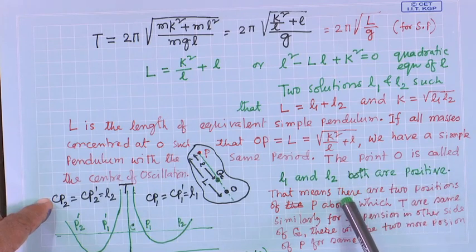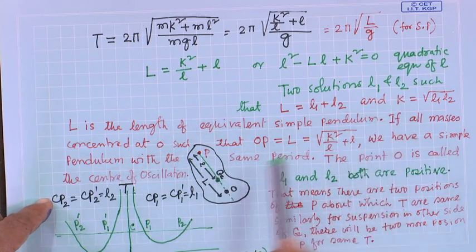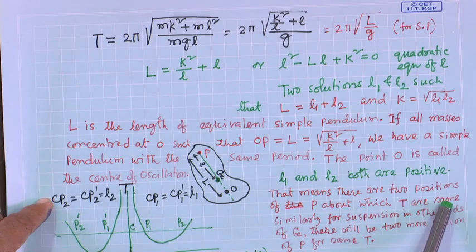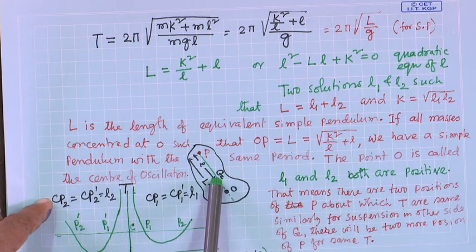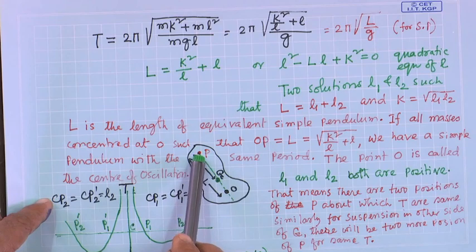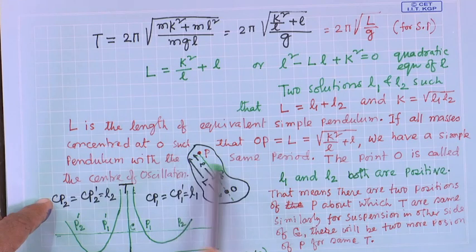That means there are two positions of P about which T is the same, because there are two solutions of l, and l is the distance of the point of suspension from the center of gravity G. There will be two positions of P about which the time period will be the same.